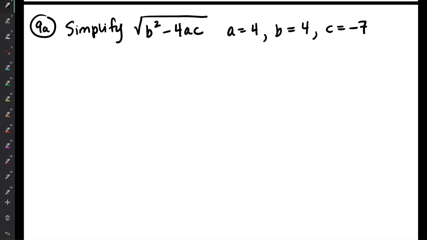All right, so the directions are fairly straightforward. Everywhere you see an A, you're putting in a 4. Everywhere you see a B, you're putting in a 4. And everywhere you're seeing a C, you're putting in a minus 7. Now, plugging it in and simplifying can be difficult.